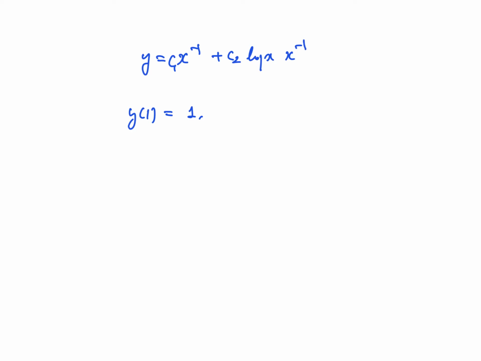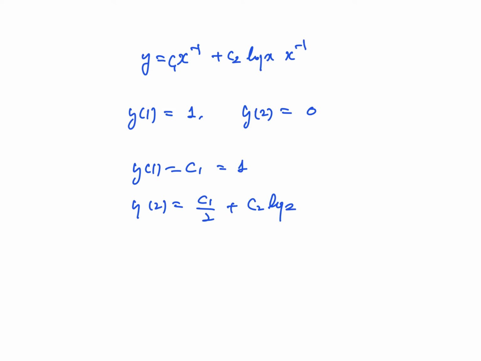Say y(2) is 0. Then y(1) is what? c1, and log 1 is 0, right? It is equal to 1, so c1 is equal to 1. y(2): c1 over 2 plus c2 log 2 over 2 is equal to 0.